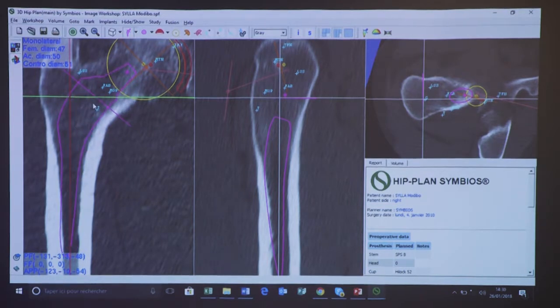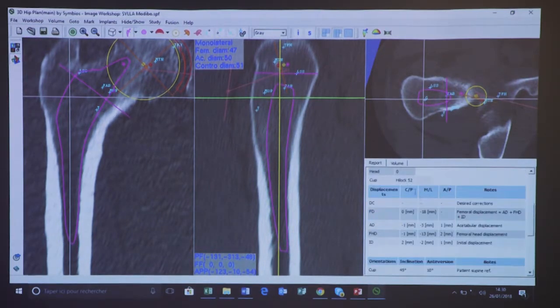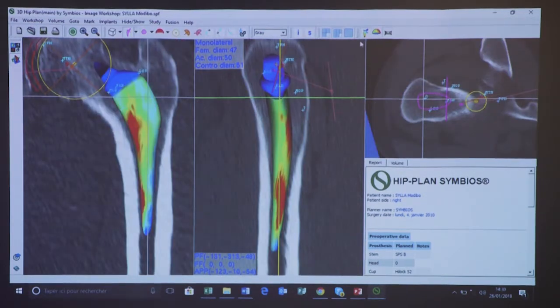This is how we can position a custom stem within the femur. But I think it's not the correct.